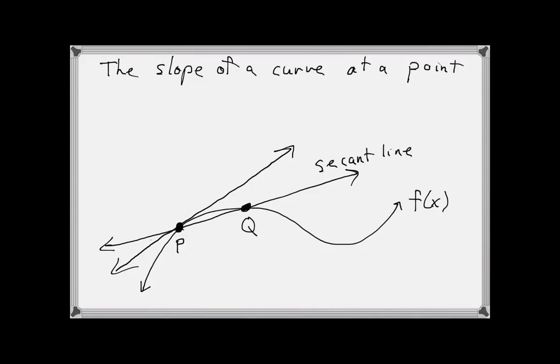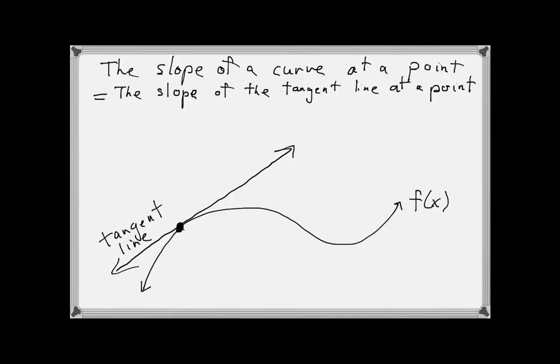But if the limiting value of this secant line exists, then we will define the slope of this tangent line to equal this limiting value of slopes of secant lines. So we define the slope of a curve at a point to be equal to the slope of the corresponding tangent line at that given point.